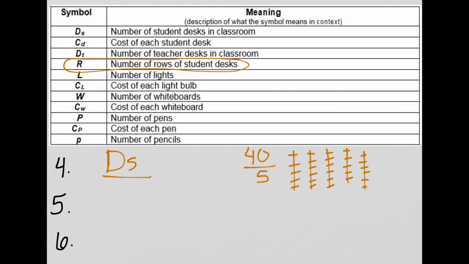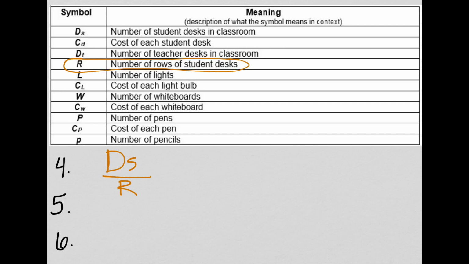And I don't know how many rows I have, but I can represent that as a variable. I'm still going to divide them, and that would tell me how many desks per row. So sometimes it helps to do a concrete, less abstract version of this using numbers, and then we can translate that into the variables and have it make sense to us. But the answer is just this expression using the variables.